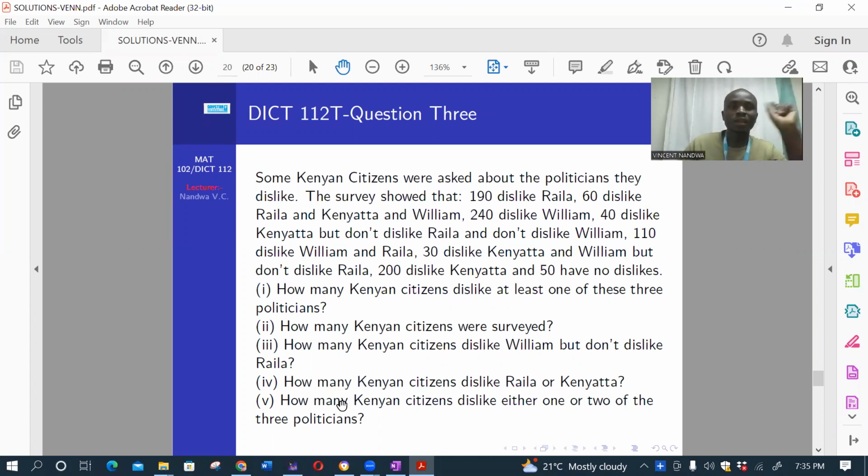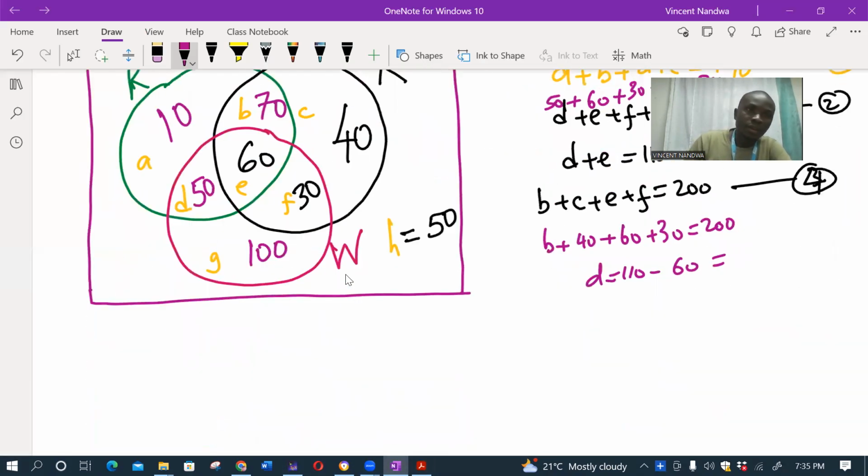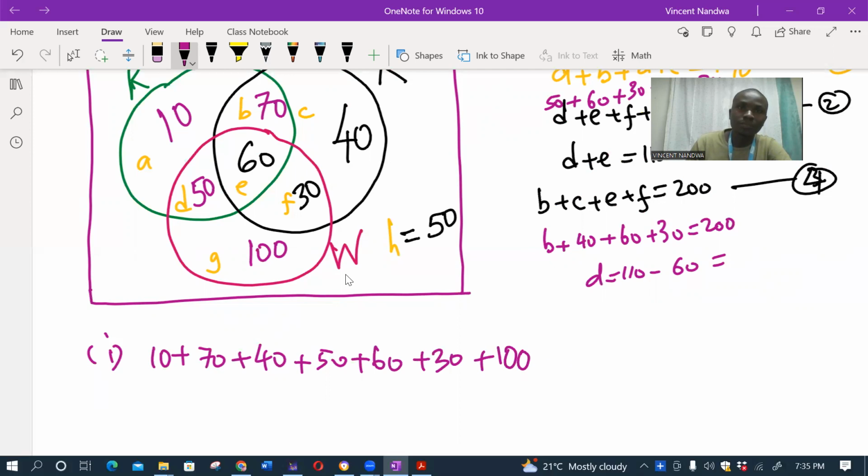So it's as good as asking us to find the cardinality of the union of R, K, and W. So it will be 10 plus 70 plus 40 plus 50 plus 60 plus 30 plus 100, which is 360.